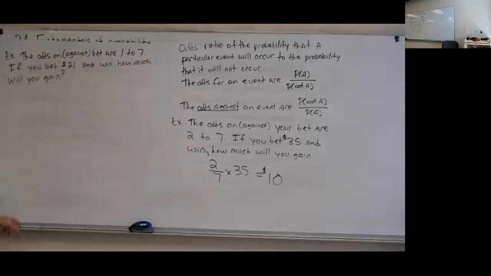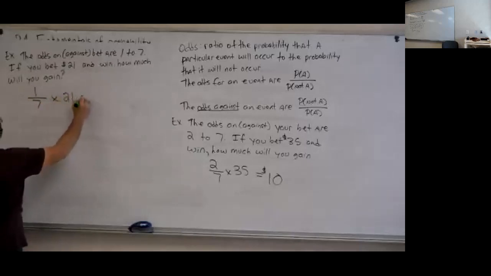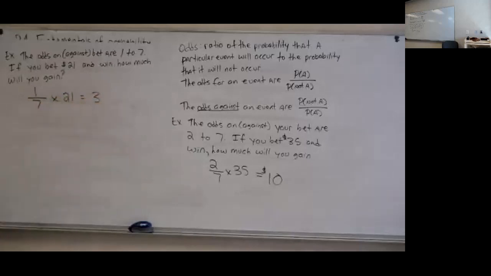So they're giving me odds of 1 to 7. I'm going to write that as a fraction, 1 to 7, and then multiply by what I bet. I bet $21. It's going to be $3 that I won. Add that onto my 21, so I made $24 off of my 21. Not a lot of money.